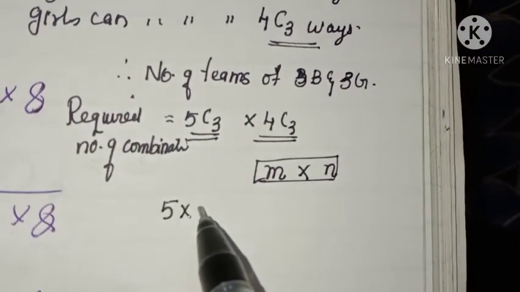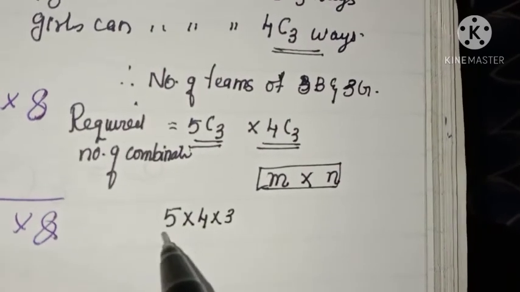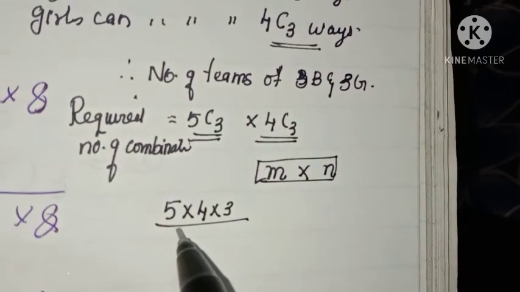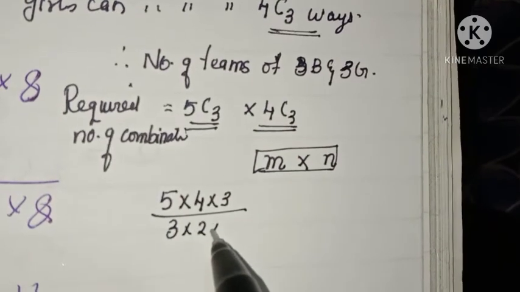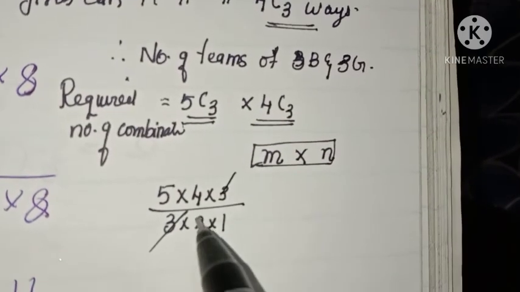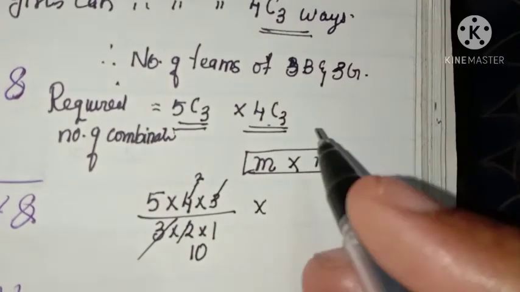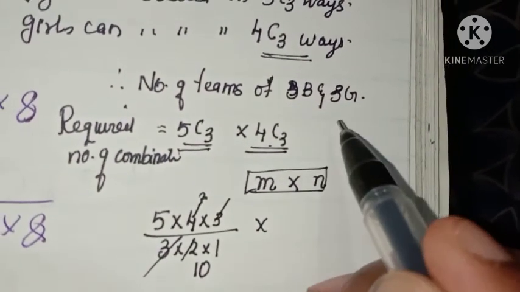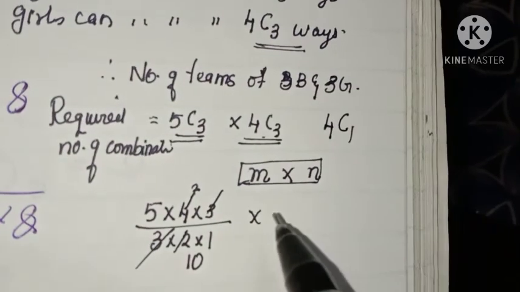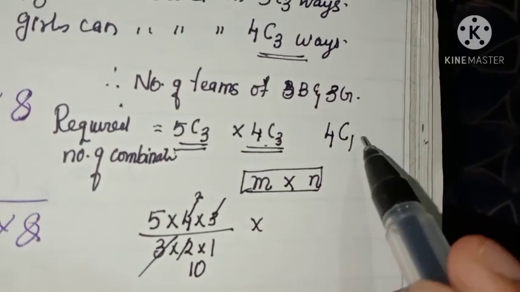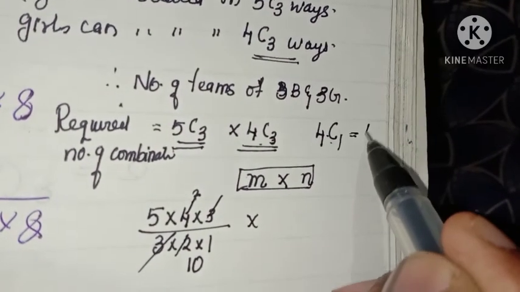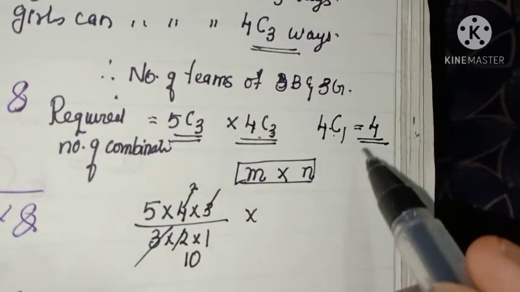Now what is 5C3? 5C3 can be written as 5 into 4 into 3 by 3 into 2 into 1. So we can cancel 3, 2. So 5 into 2, 10. Now 4C3. Listen, 4C3 is same as 4C1, isn't it? 4 minus 3. Now what is 4C1? 4C1 is equal to 4.